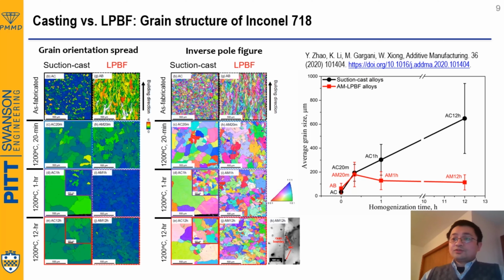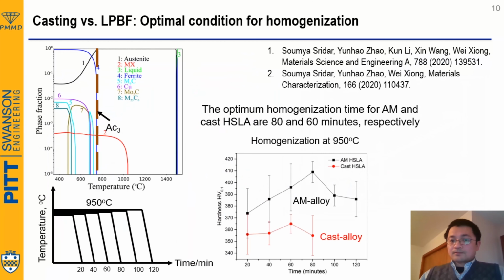And this residual stress starts to play a critical role once you heat the sample at 1200 degrees C, which is above the recrystallization temperature. So this is a good thing, of course. We use the additive manufacturing pre-alloy, and later on we don't need to worry too much about grain refinement. But then, can we identify such an optimum homogenization process?